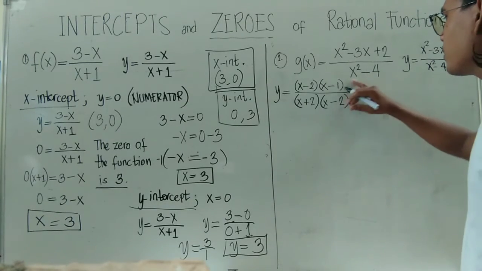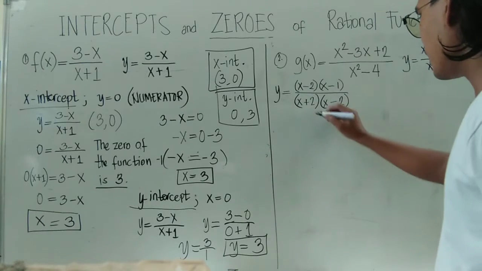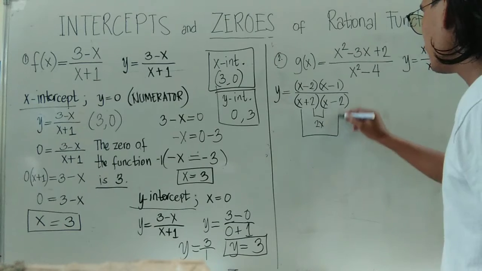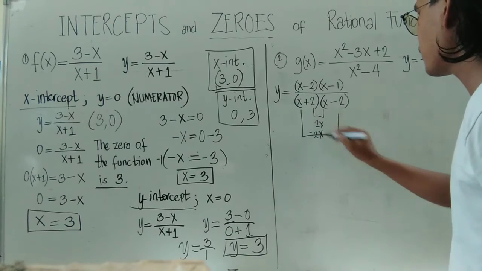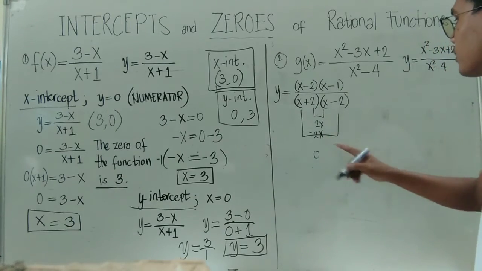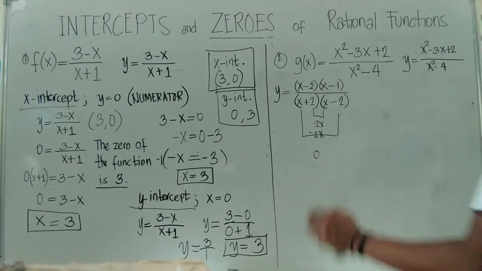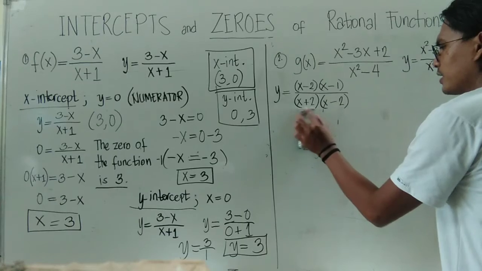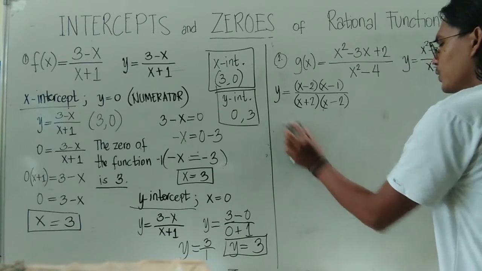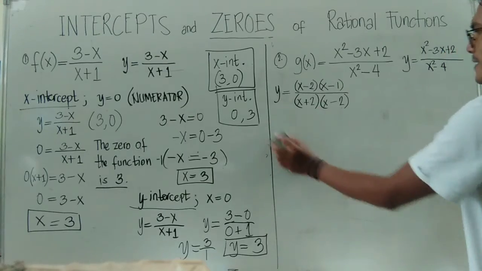If you are using the FOIL method, the middle term will become 0. So 2x plus negative 2x is 0. Therefore, the middle term will be eliminated. So we are in factored form and we can simplify your given rational function easily.